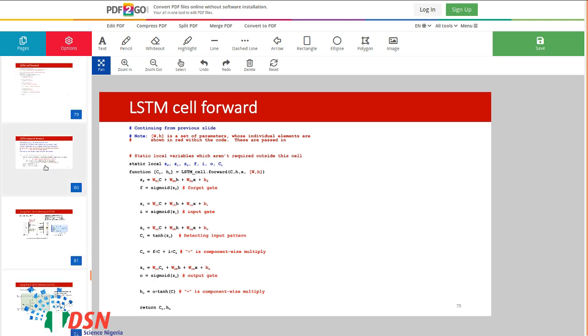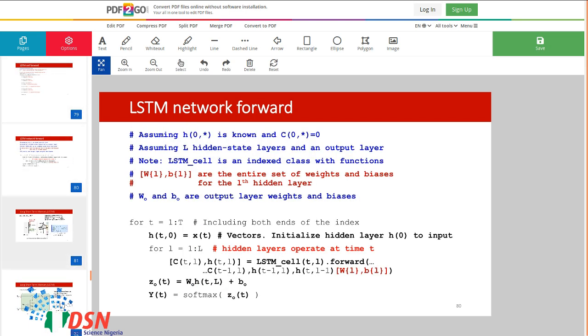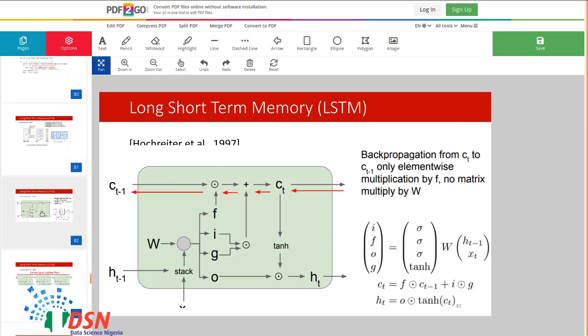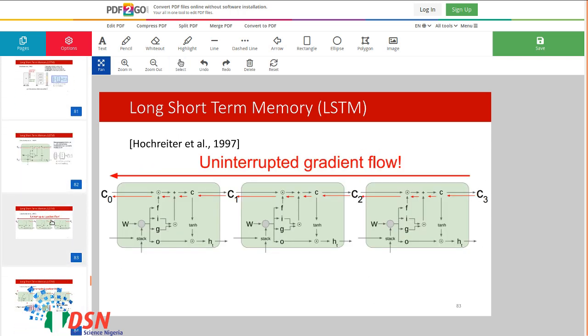Here you can see the code for that, which is not really important now, but an important thing in the LSTM is this block diagram.